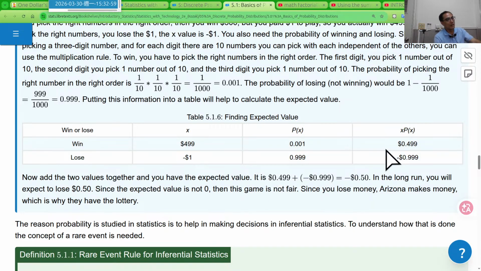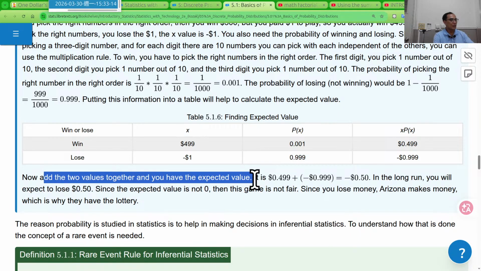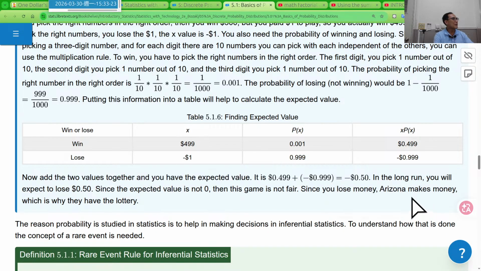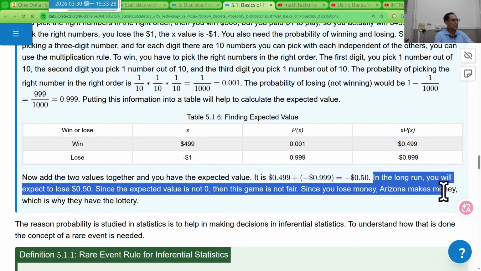Then the price times the probability is 0.499 for this one and minus 0.999 for this one. Now add the two values together and you will have the expected value. That will be minus $0.5. It means that even if you win the prize sometimes, in the long run you are expected to lose $0.5.